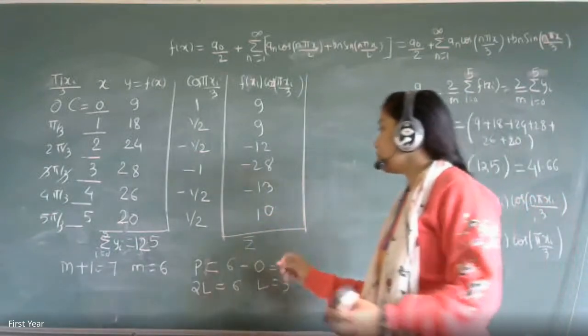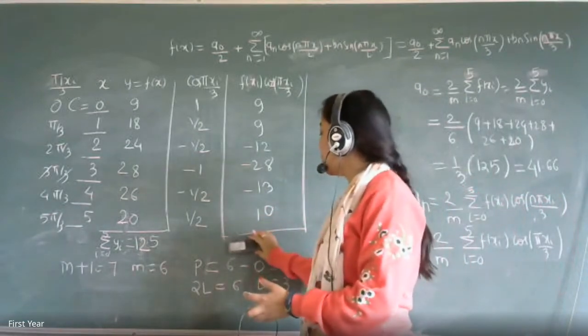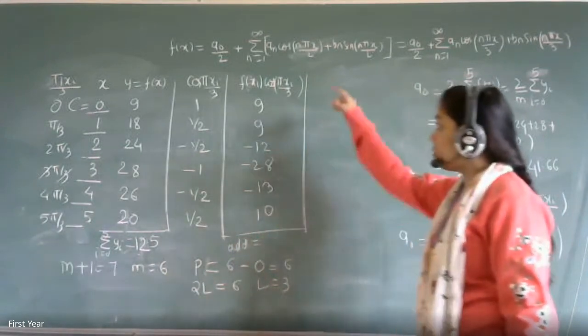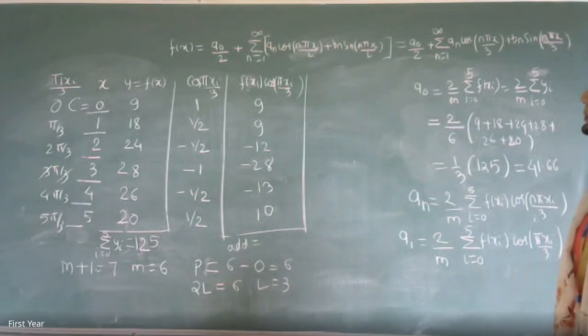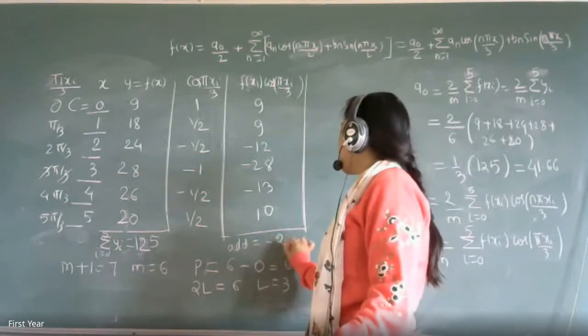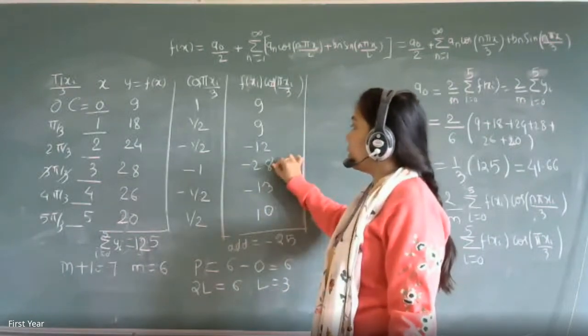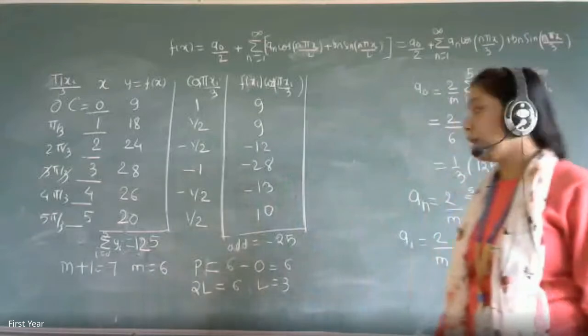So that will give you the summation. So what is the addition of this? Add that column and you will get it. 28 cancels, so minus 25. Just see, 18 plus 10 is 28, it will cancel with this, minus 2, minus 13 is minus 25.